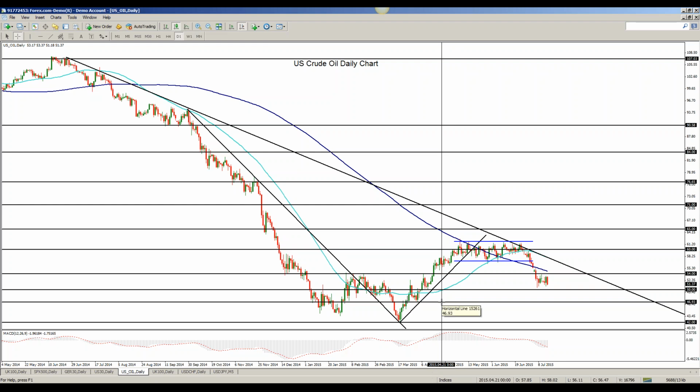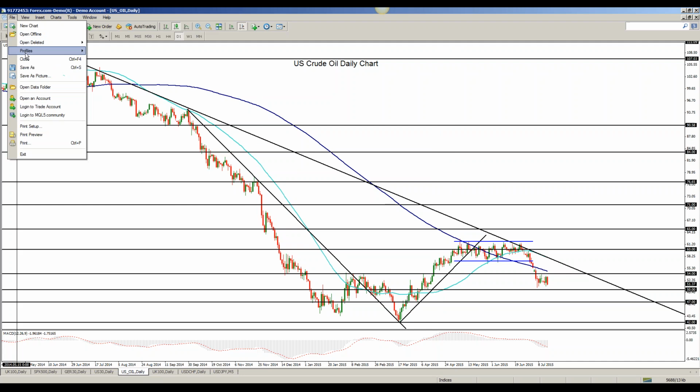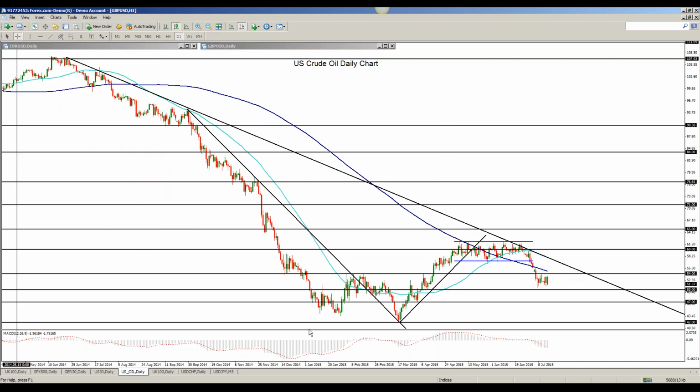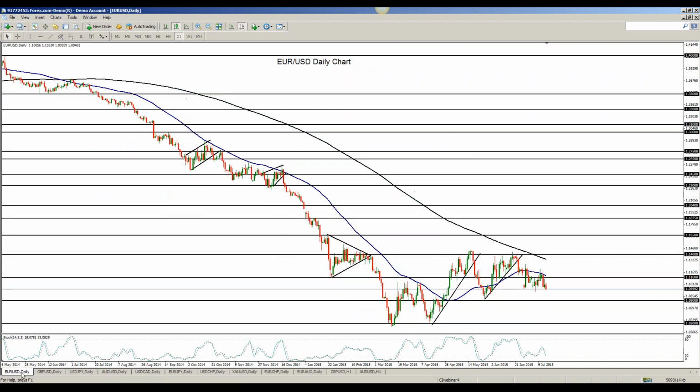Okay, let me see. What was it? Okay, let me quickly go over what I'm looking at. Let's take a look at euro dollar. Yeah, I'm bearish on euro dollar. With what's going on in Greece, it's still ongoing, and the possibility of a Greek exit from the euro is lessened somewhat now, but there's still that possibility.